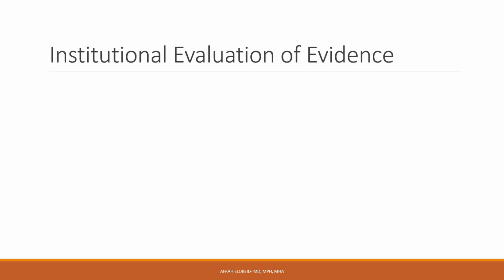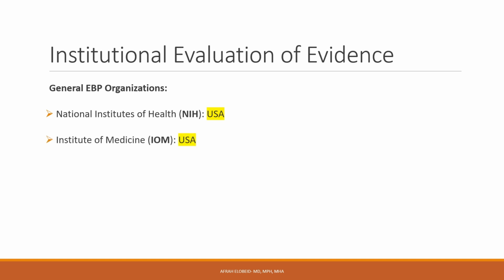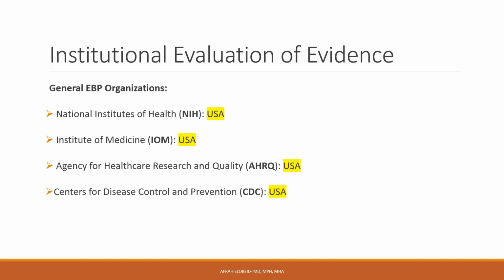Okay, so there is systematic evaluation of evidence done by big organizations. We will mention some of them here just for reference. The general evidence-based organizations include the National Institutes of Health, the NIH, based in the United States, the Institute of Medicine, IOM, also in the United States, the Agency for Healthcare Research and Quality, the AHRQ, and the Centers for Disease Control and Prevention, well known as the CDC.